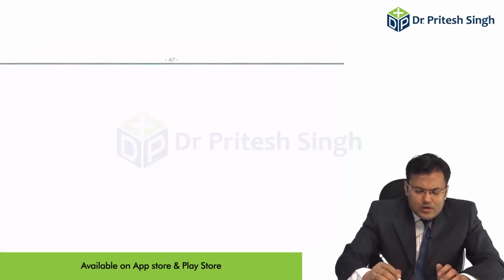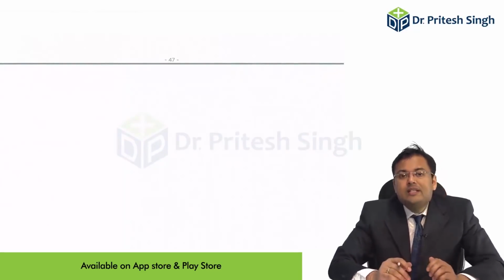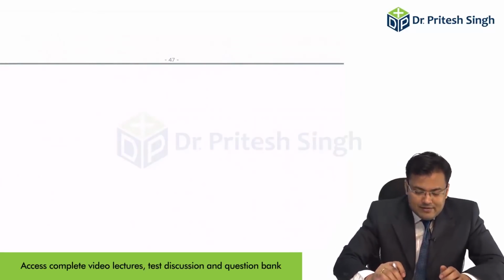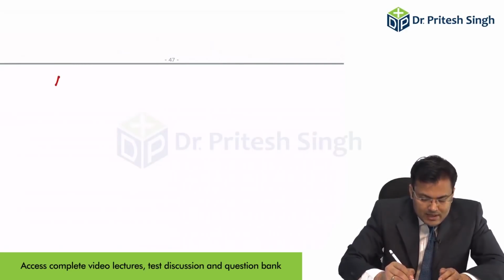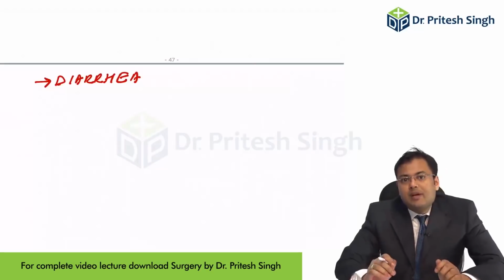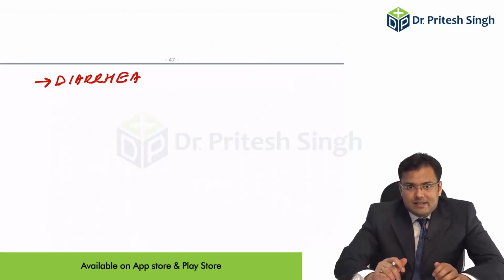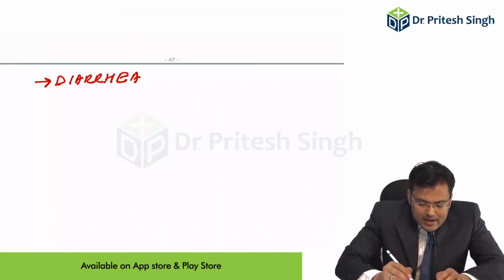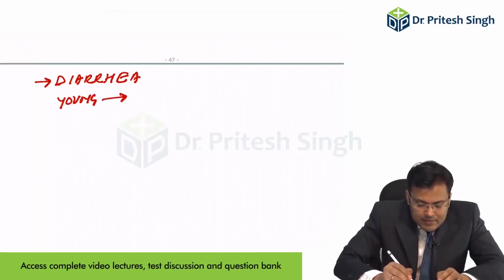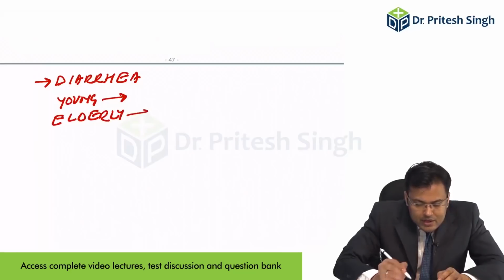After that, what is the most common GI symptom, gastrointestinal symptom, in patients of Graves or hyperthyroidism, and that is diarrhea. Most common GI symptom in patients of Graves disease, diarrhea. In young patients, which symptoms are predominant, and in elderly, which symptoms are predominant?